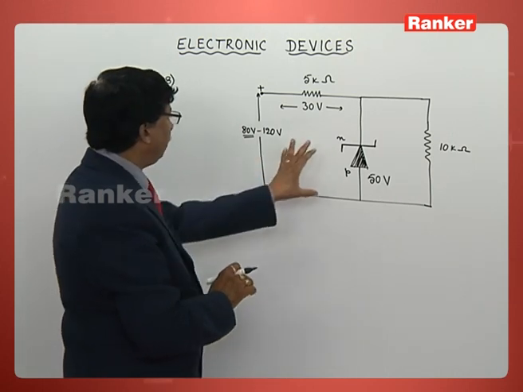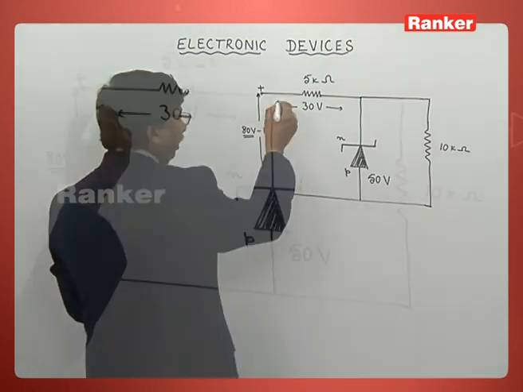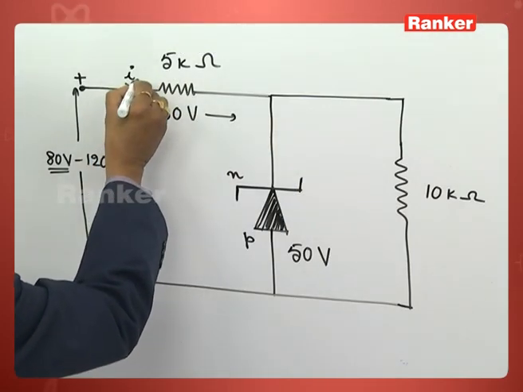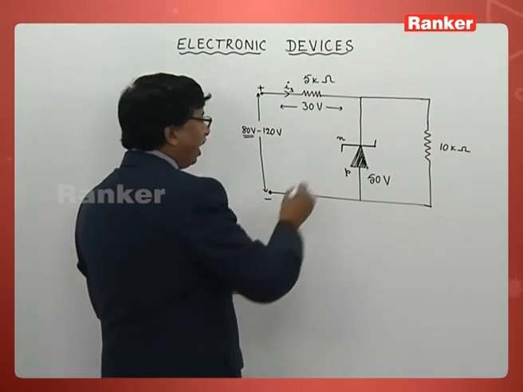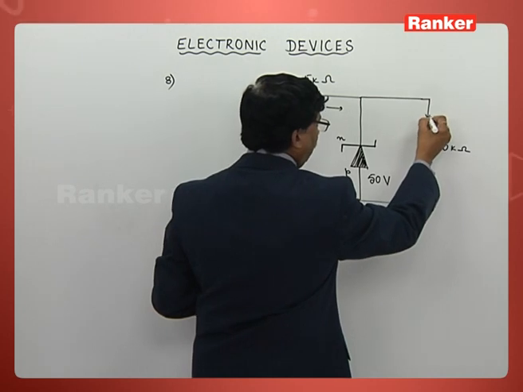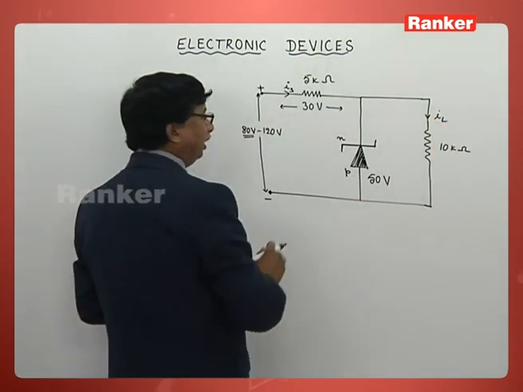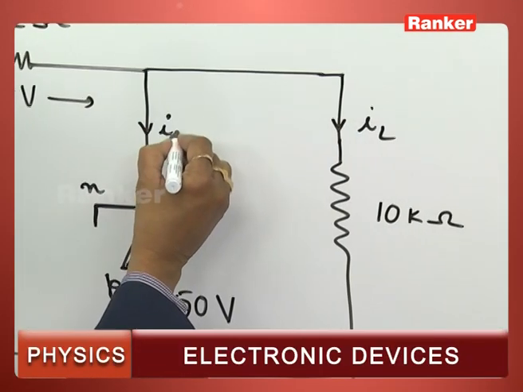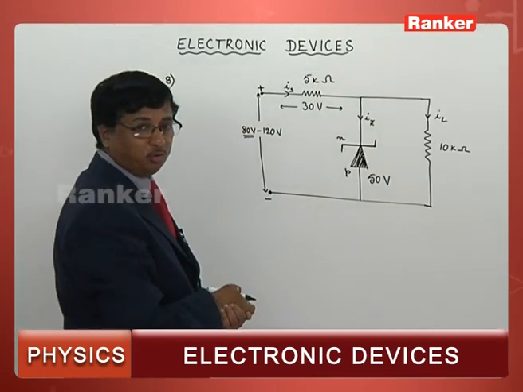And what we just want is what is the current across this. If I just take the current across this series resistance as I series, and current across this load resistance as I load, then the difference of these two must now be the value of current across the Zener diode.